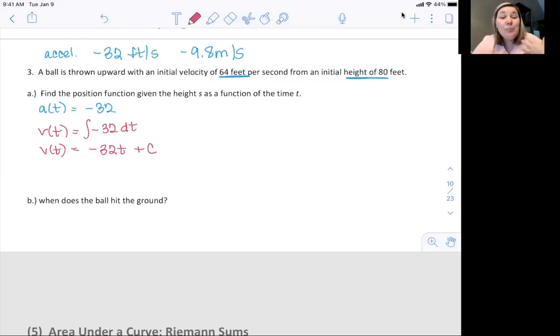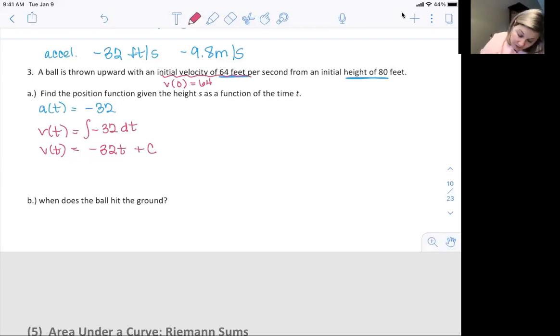We need to know the specific velocity equation for this particular moment. They tell us the initial velocity is 64 feet per second. Initial tells us that's when t is 0, so we know that v of 0 is equal to 64.